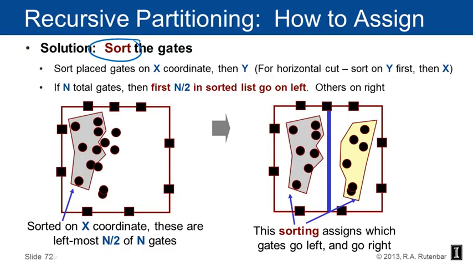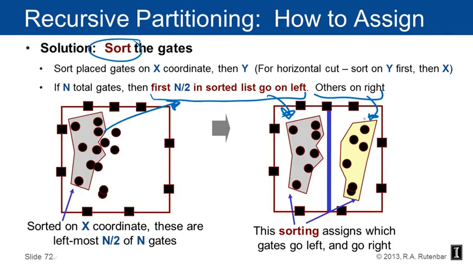And so the answer is that even if all of the gates are smeared in a clump way over on the left, when you sort it on x and then on y, you take the first n over 2 gates in the sorted list. Those are the ones that go on the left, right? Those guys go on the left, and all of the others go on the right.